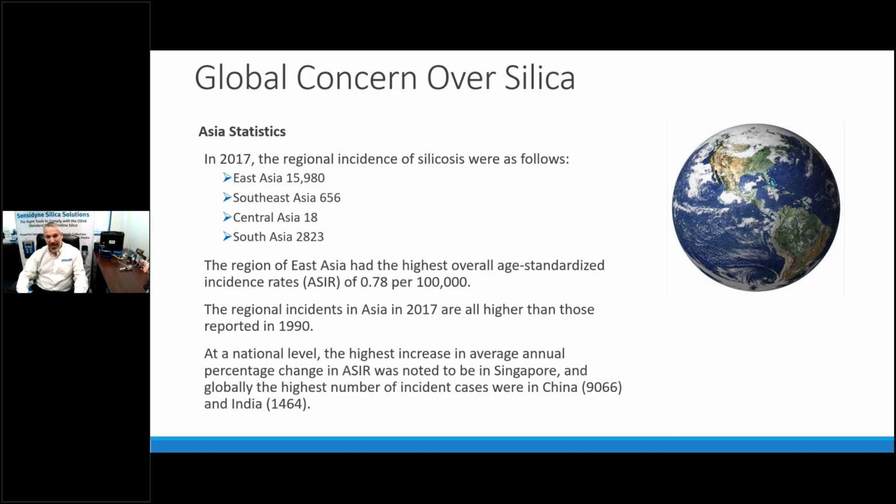Now, the region of East Asia had the highest overall age standardized incident rate of 0.78 per 100,000, and that's really high when you talk about occupational illnesses. At a national level, the highest increase in average annual percentage change in the ASIR was noted to be in Singapore, and globally, the highest number of incident cases were in China with over 9,000 cases, followed by India with over 1,400 cases.